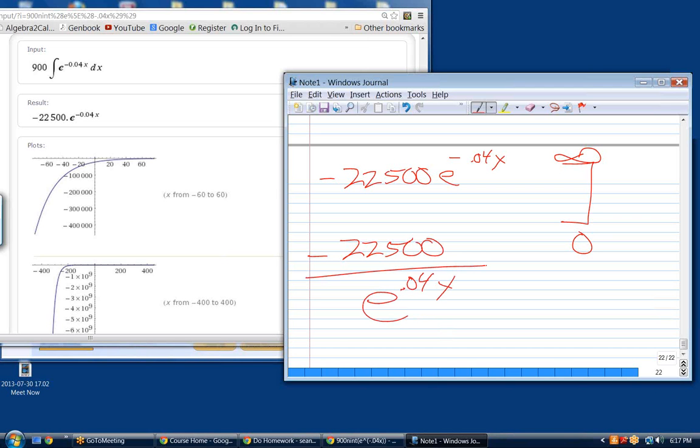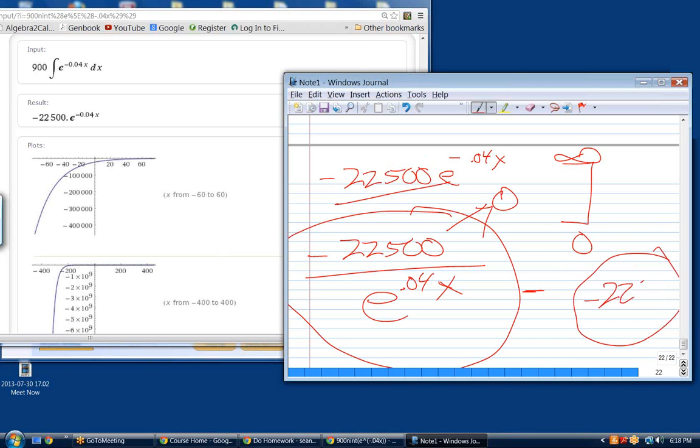So the moment I stick infinity in for x, the whole thing goes to 0. And then I'm subtracting, sticking 0 in for x. So the whole thing goes to 22,500 and it's being subtracted. So I got a negative 22,500. The answer is 22,500.